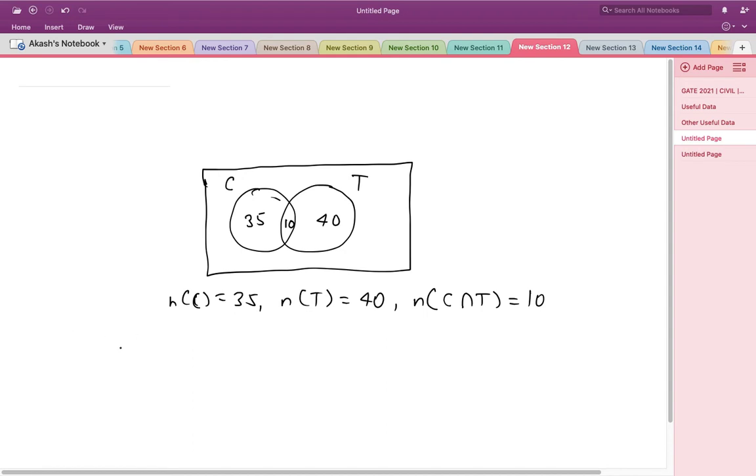Now if I can find the total percentage of employees that drink any one or both of the beverages, and subtract that from 100%, then I can get the percentage of employees who drink neither tea nor coffee.